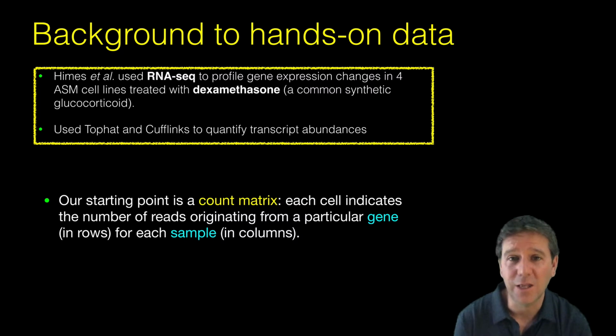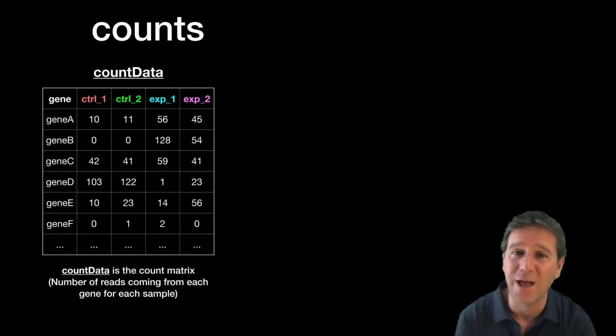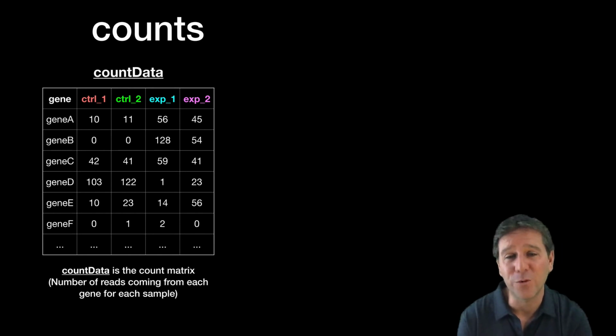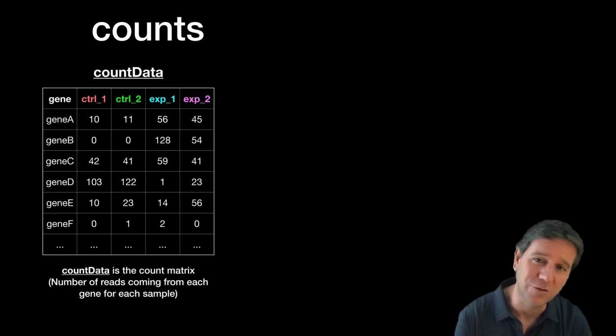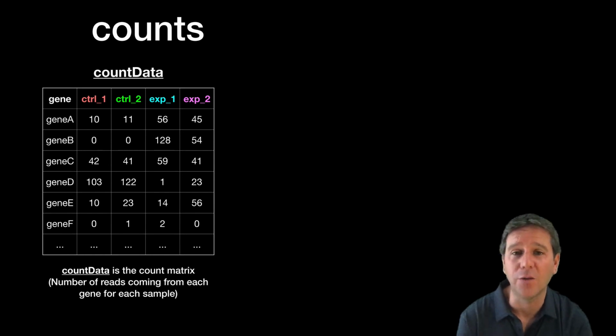For each condition or each sample, that will be the columns of this count matrix. Actually, it looks just like this, right? Recall from last day, it's a little table, or actually a big table in this case, because there are many genes, where we have the number of reads coming from each of those genes in the rows, and each sample in the columns. For example, drug treated or control are the different columns here.